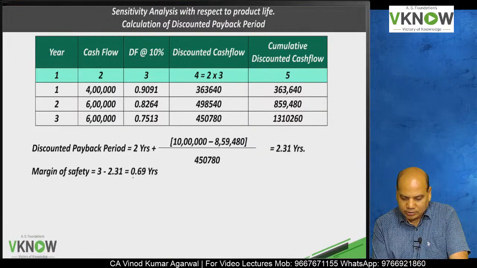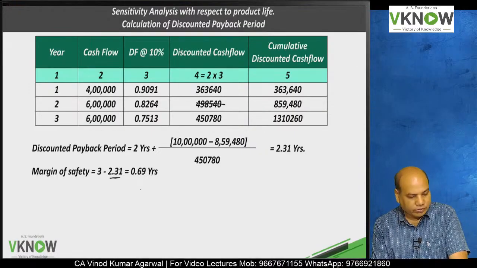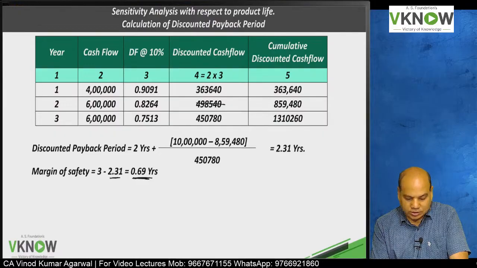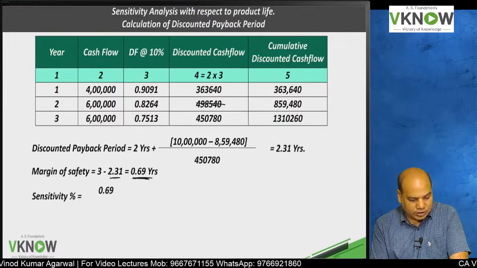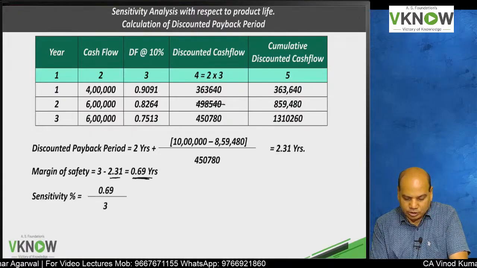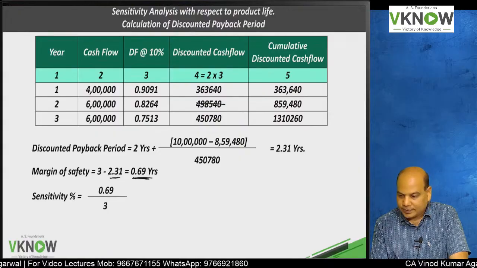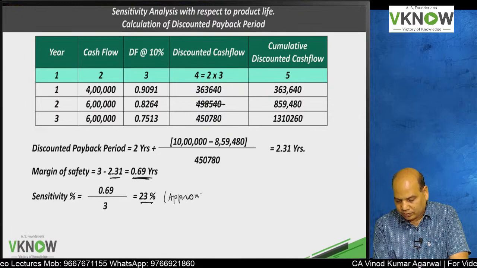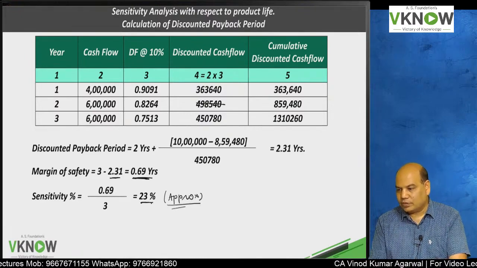Minimum time required is 2.31 years. So margin of safety is 0.69 years, and therefore sensitivity percentage will be 0.69 divided by 3, which is 23% approximately. Some rounding of difference is okay.